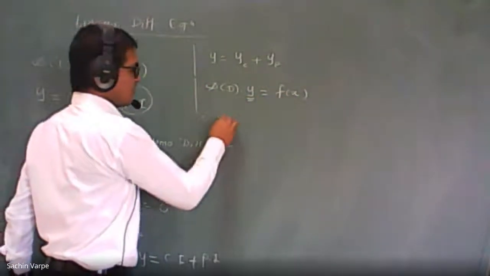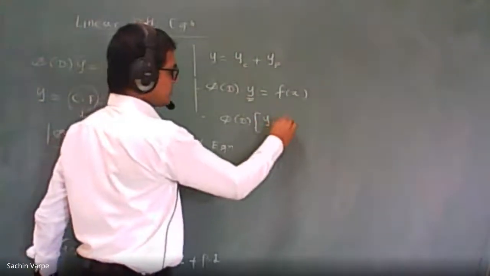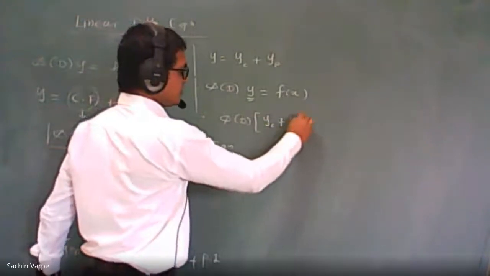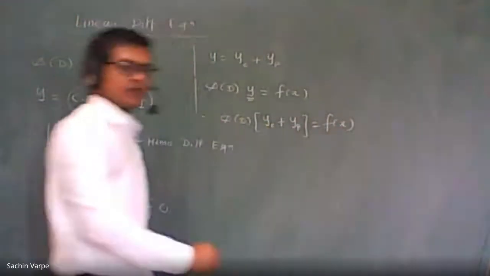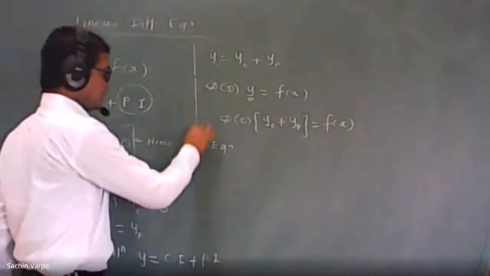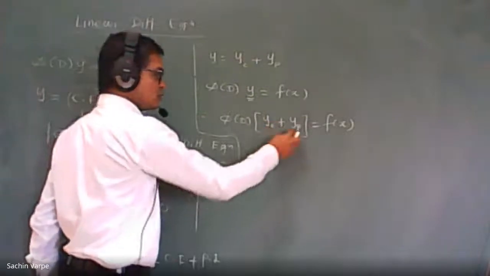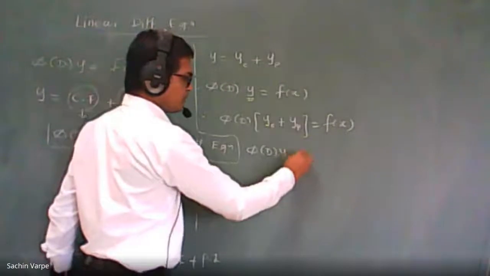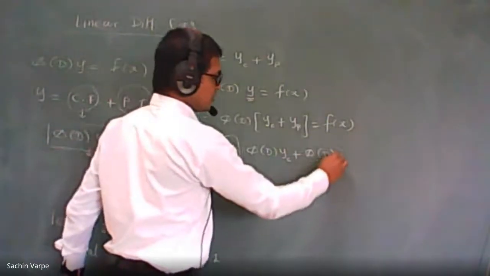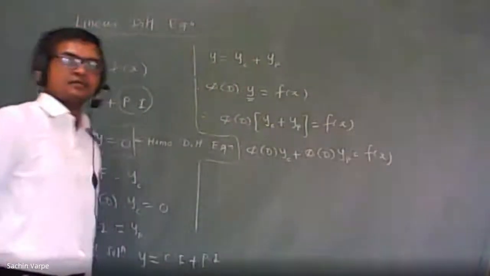Therefore, phi of D into (yc plus yp) is equal to f of x, isn't it? And when we split this operator over these two sub-solutions, that will be phi of D into yc plus phi of D into yp is equal to f of x, isn't it?